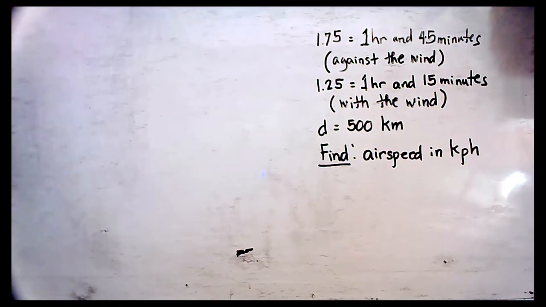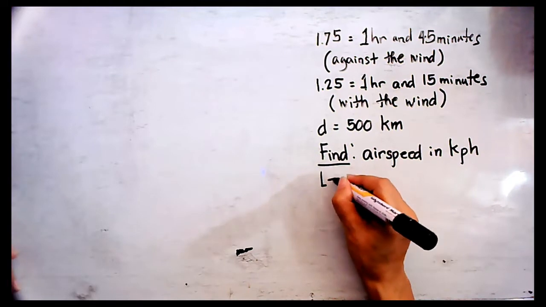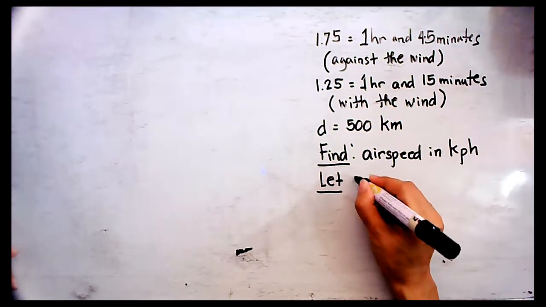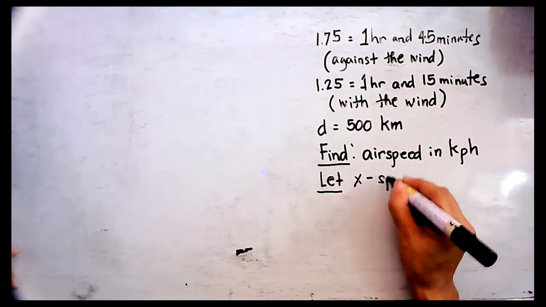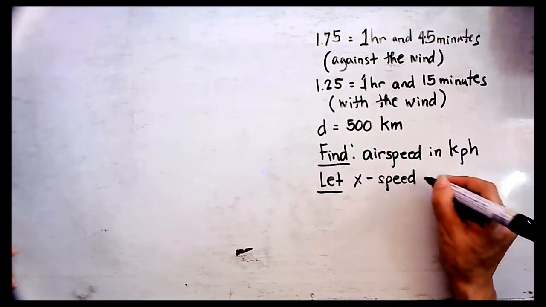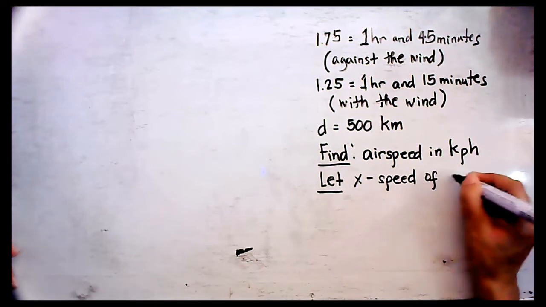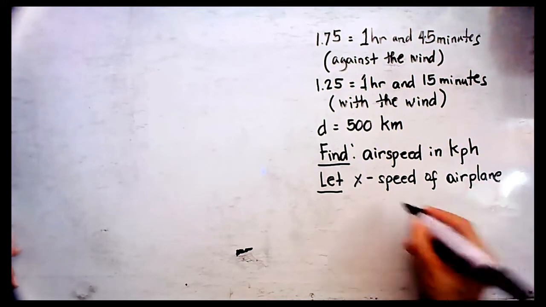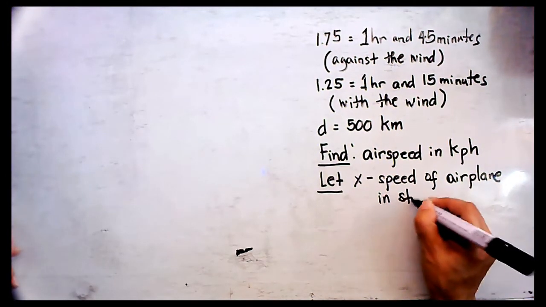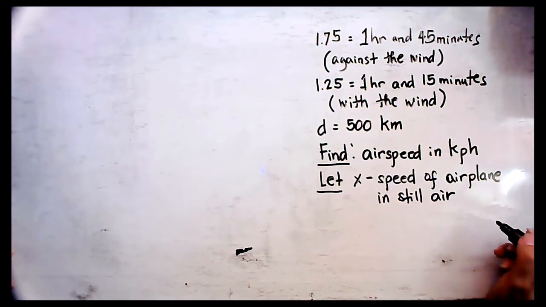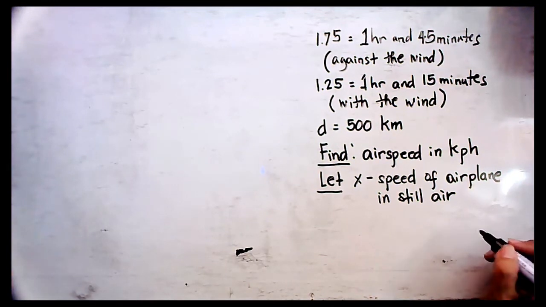Before we start with our solution, let us represent some variables here. Let x be the speed of the airplane in still air, meaning we are not considering whether it is traveling against the wind or with the wind.